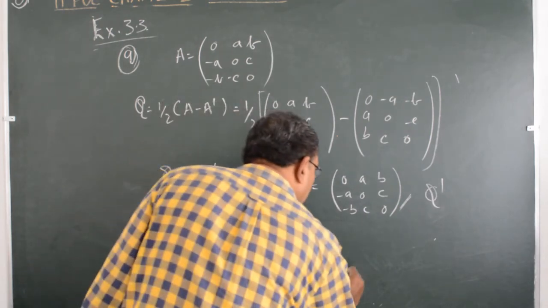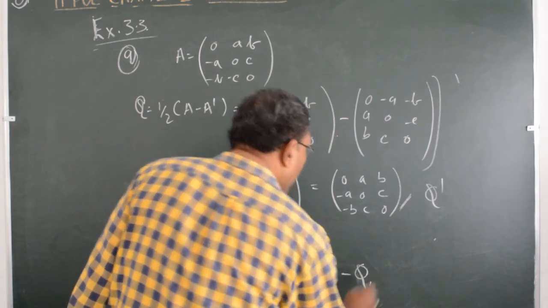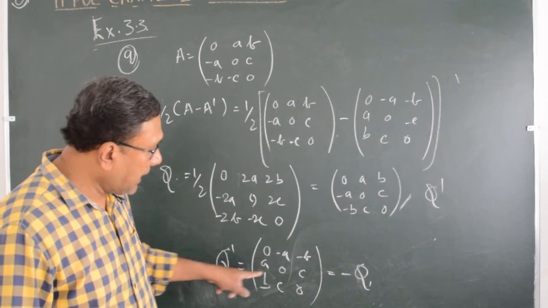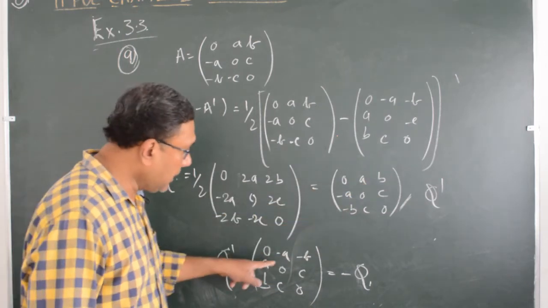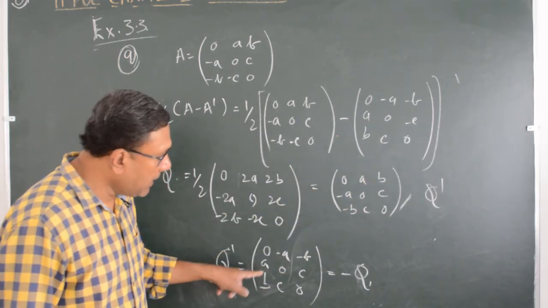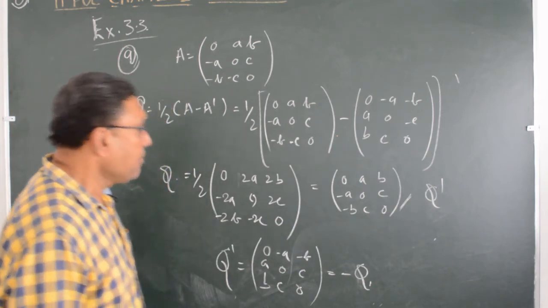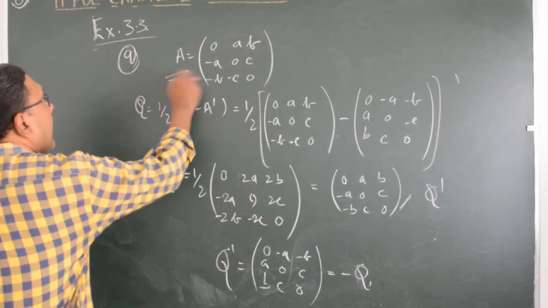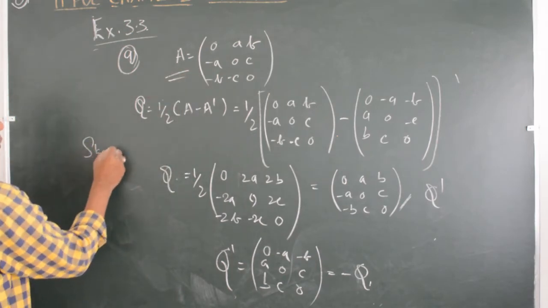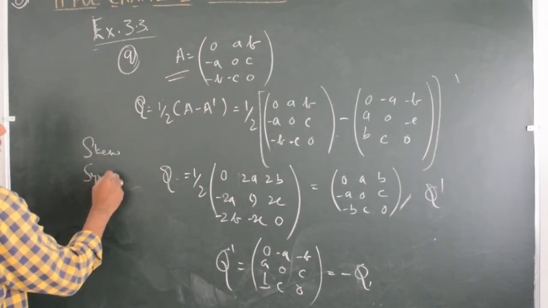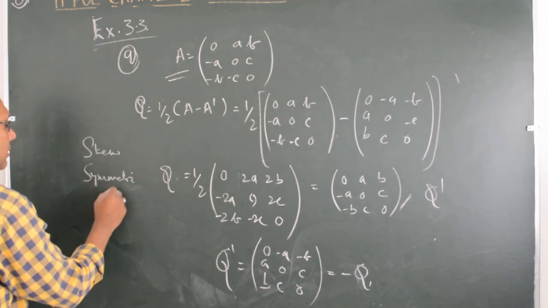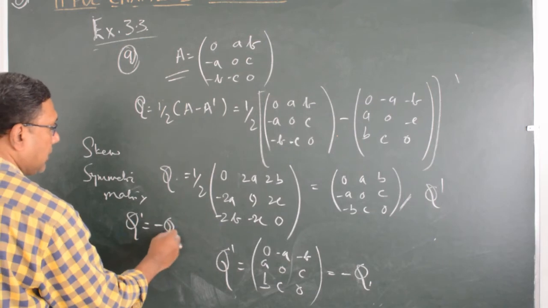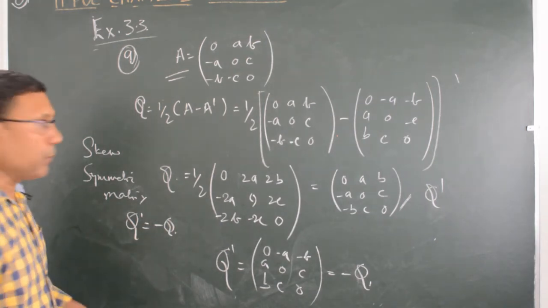Obviously this is minus of Q. See this, the sign has got changed. Here it is plus, here it has become minus, here it is minus, it has become plus. Therefore, this given matrix A is a skew symmetric matrix because we are getting Q transpose is equal to minus Q, right?